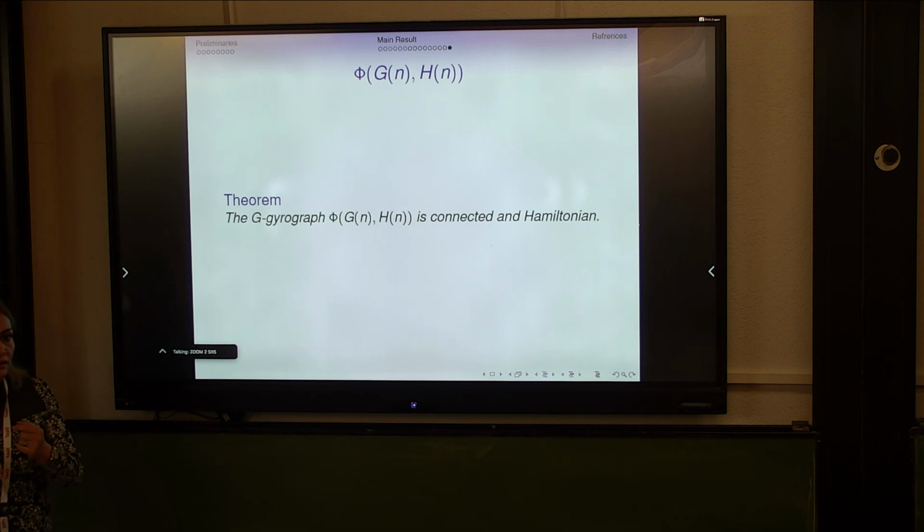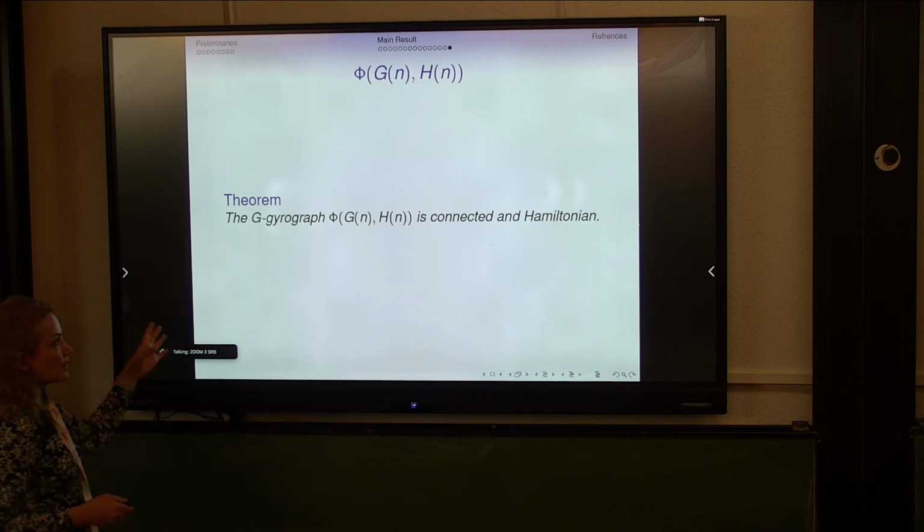So it would be 2 times m minus 1 regular. And by using a theorem inside graph theory, that the degree of each vertex is greater than half the number of vertices, it would be Hamiltonian. It means there is a path that visits all the vertices once, and it would be connected.